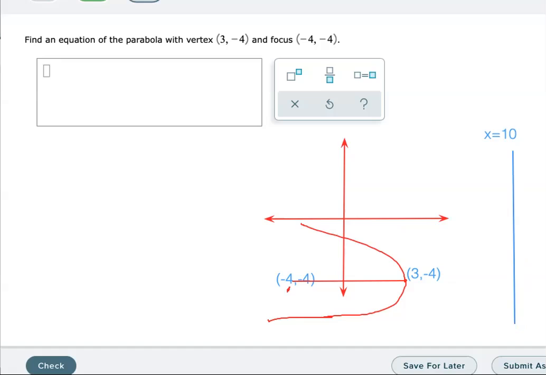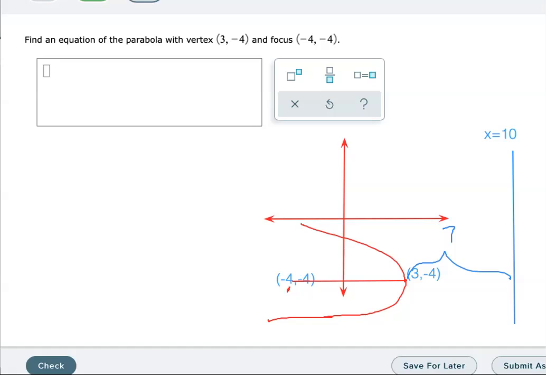And so once I know that distance to the right is 7, then I know my focus is going to be 7 to the left. Similarly, if they gave you the directrix at x equal to -4, then that would be 7 to the left, so the focus would be 7 to the right. In this particular case, the focus was given.